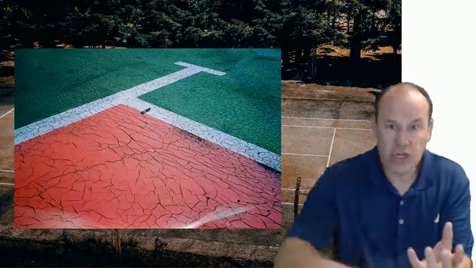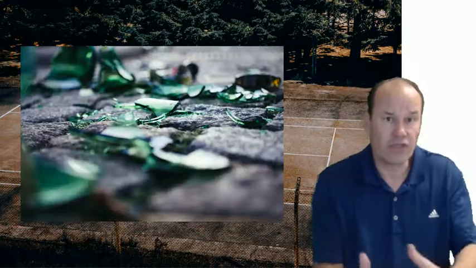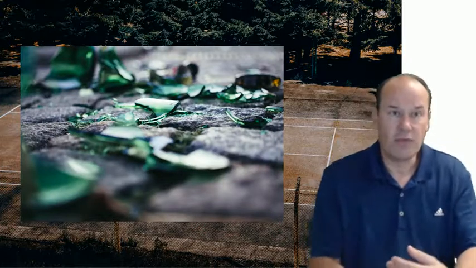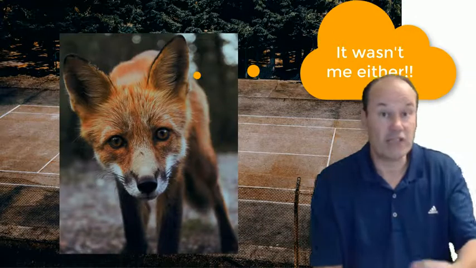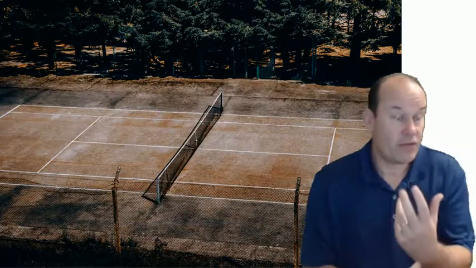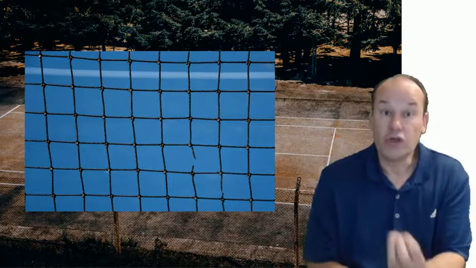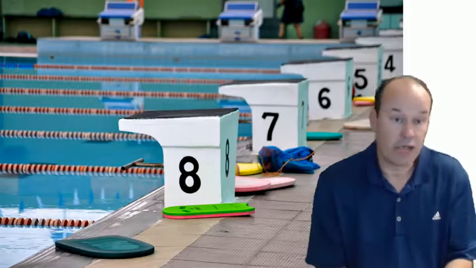The floor, the surface could be uneven, it could have broken glass on the surface, it could have dog feces or fox feces on the surface, it could be slippery from the rain. So water on the surface. The net itself could be broken and bits dangling down, which could potentially be a trip hazard, for example.